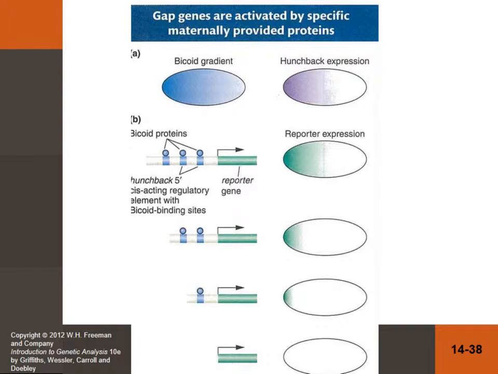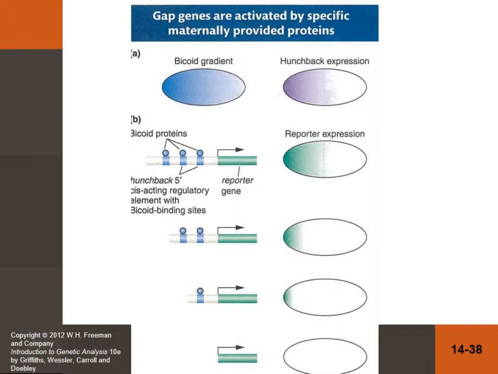In B, we can see that 3 bicoid proteins are actually binding to 3 different sites just near the promoter region of a gene. And this gene that's being investigated is called the hunchback gene.